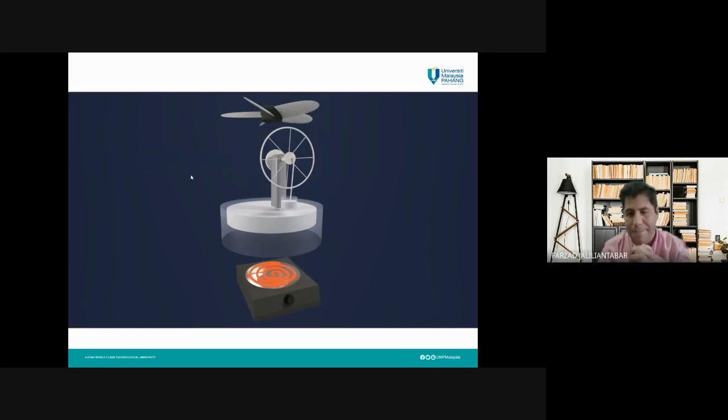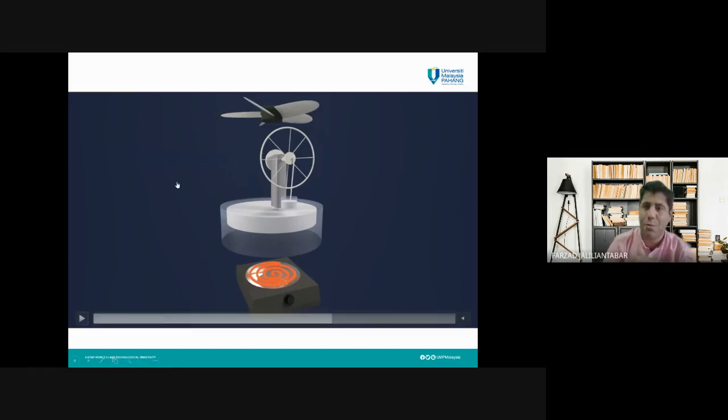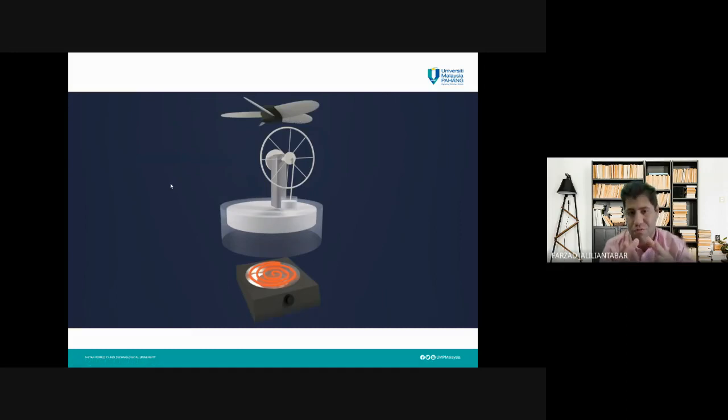A flywheel is a mechanical device, like you can see here. It is a wheel. If you have already seen an engine, you may know about the flywheel. It is a component of the engine, usually a big wheel.